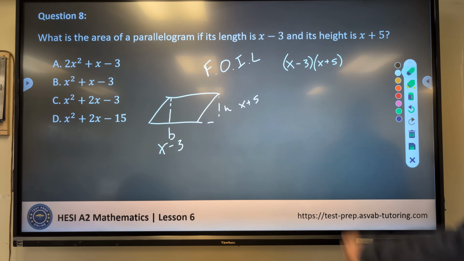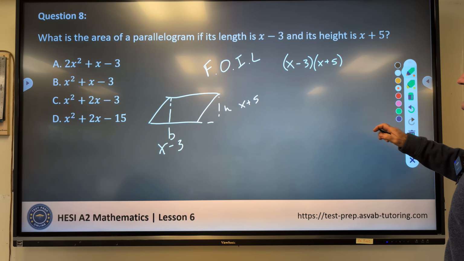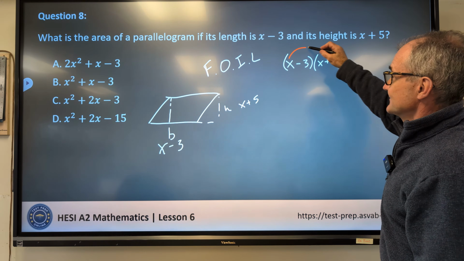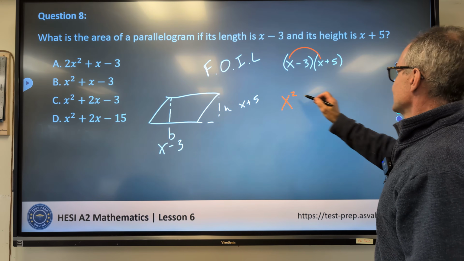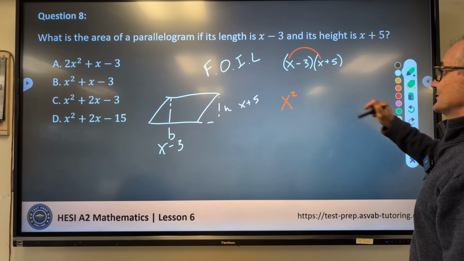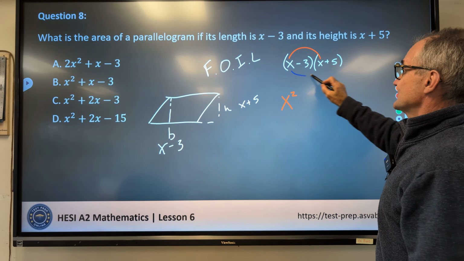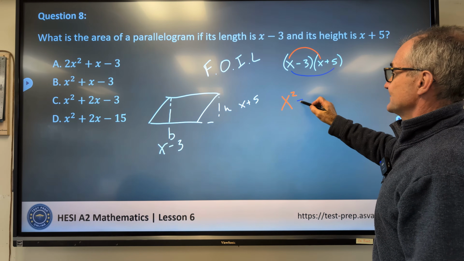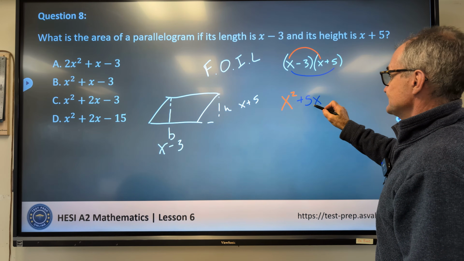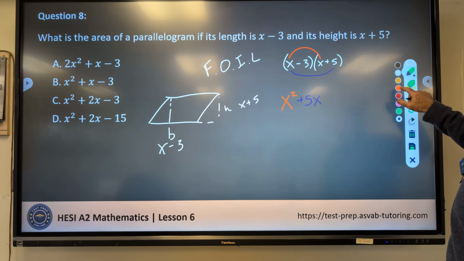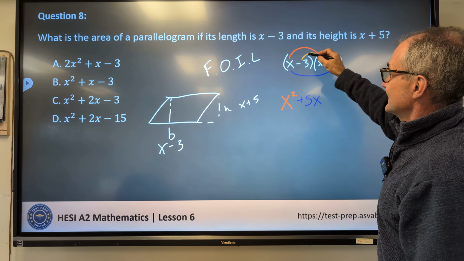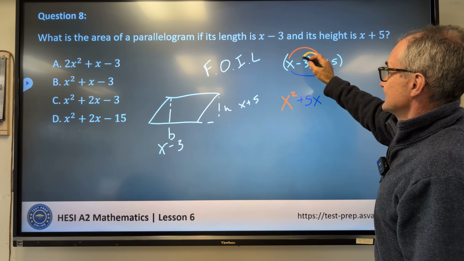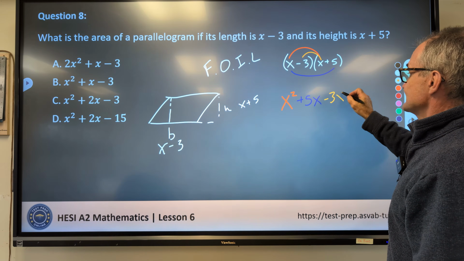But let me go through this FOIL process. So I'm going to multiply the first terms together. x times x gives me an x squared. Then I'm going to multiply the outer terms together. It's going to give me 5x. Then I'm going to multiply the inner terms together. Negative 3 times x.